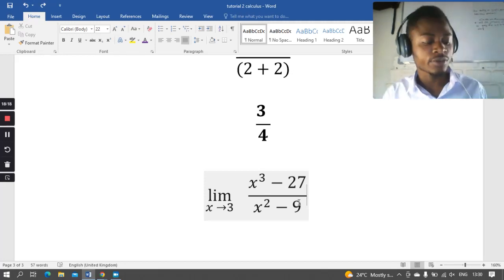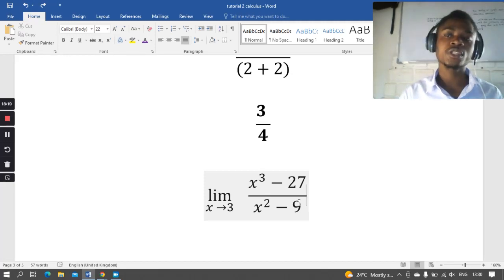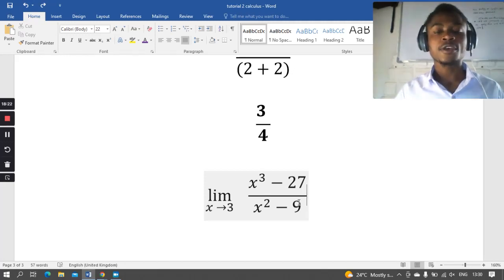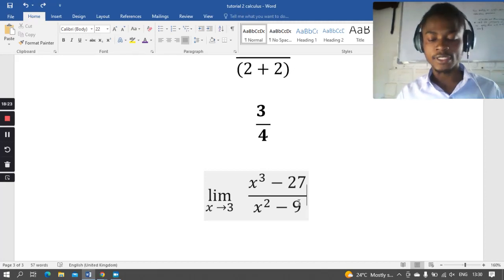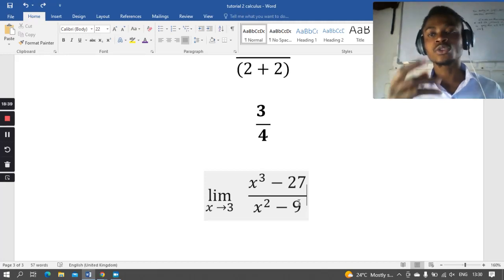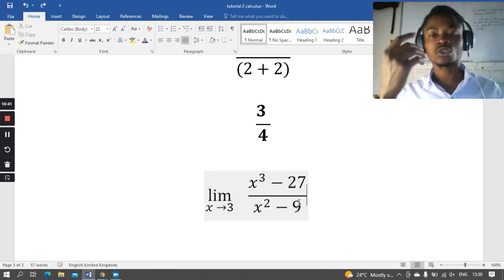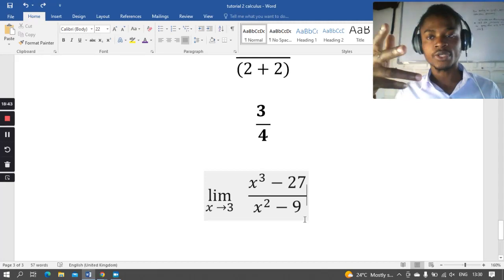If it is a radical expression, you need to make sure that the inside of the square root is not less than 0, meaning it is not negative. And in the case of a rational expression like this one, you just have to make sure that the denominator is not equal to 0.